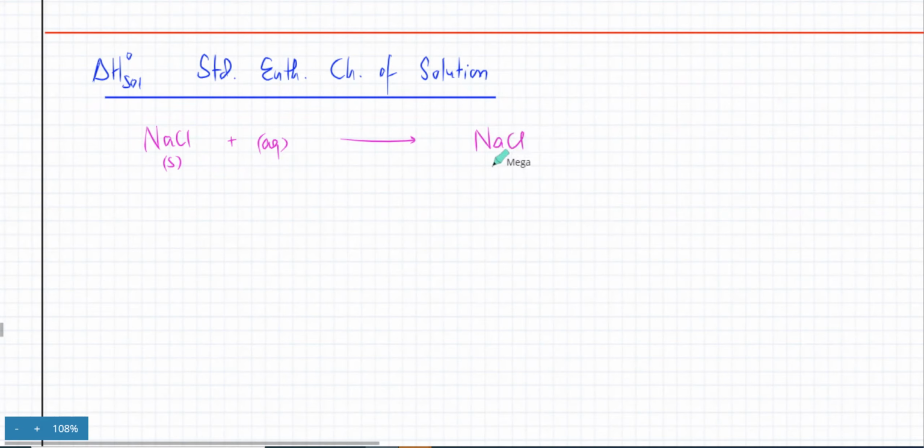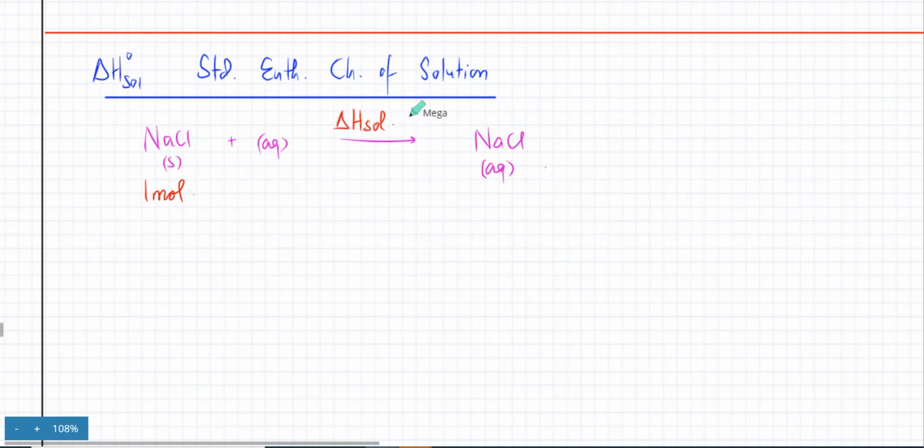You dissolve 1 mole of substance. The substance has to be 1 mole at all cost. Whatever energy is released or absorbed during this process is known as the enthalpy change of solution.